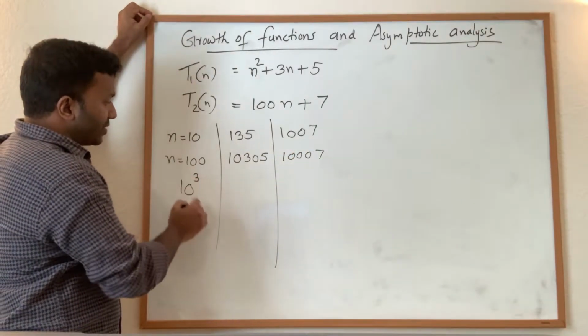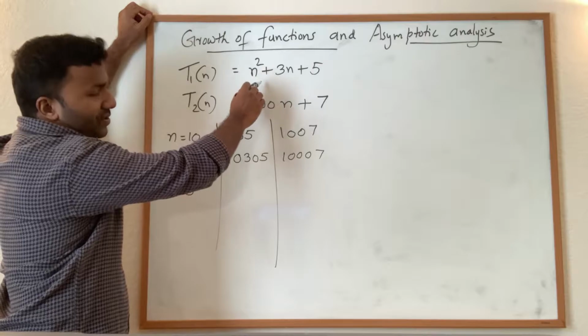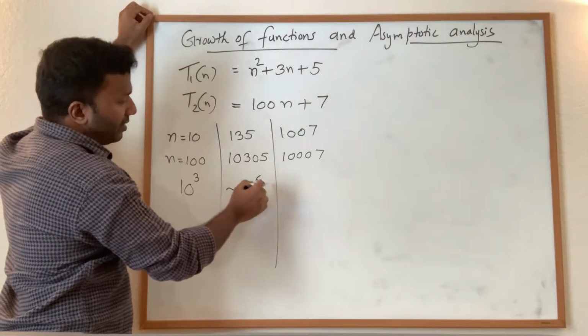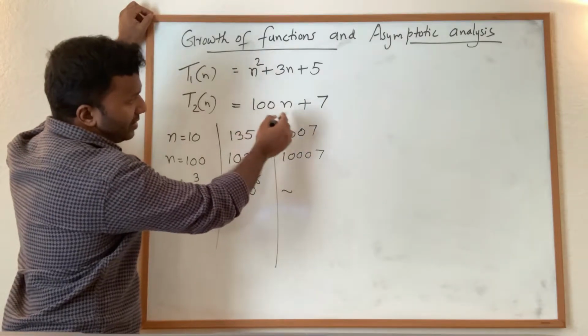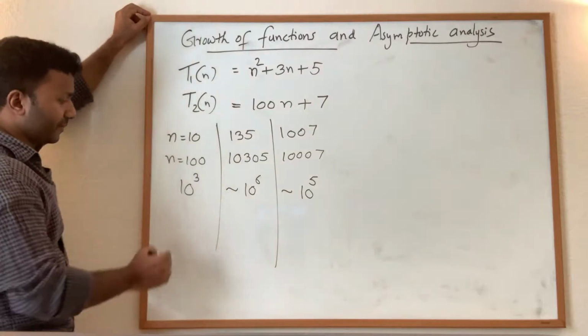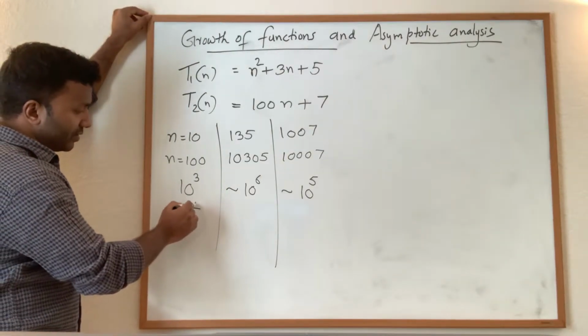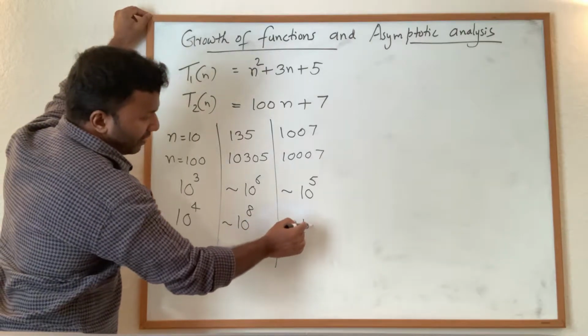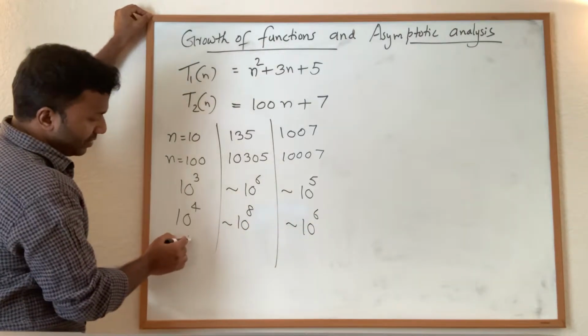Then when n is 1000, this is 1000 square plus 3000 plus 5. This is roughly a million, whereas this is roughly 100,000, that is 10 raised to 5. When n is 10 raised to 4, this is going to be roughly 10 to the 8, and this is going to be roughly 10 to the 6, and so on and so forth.